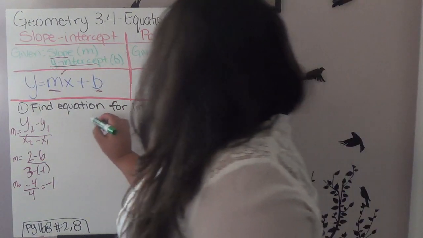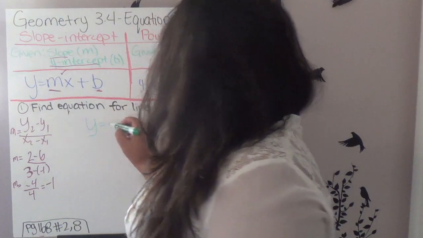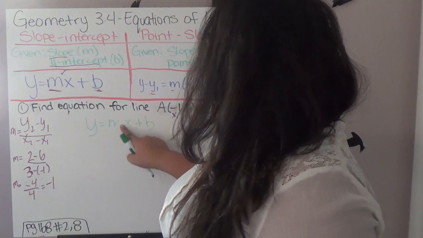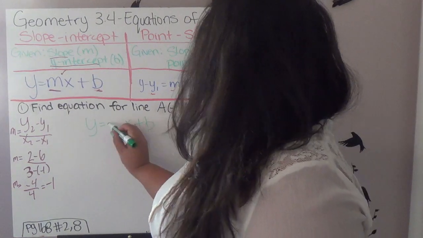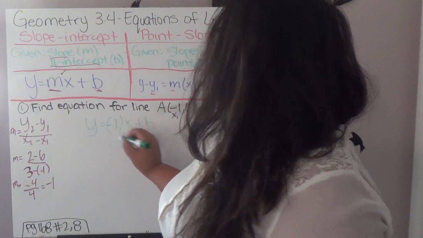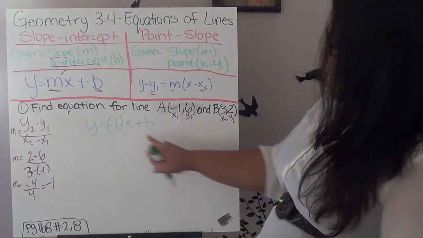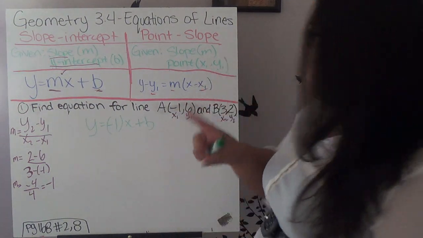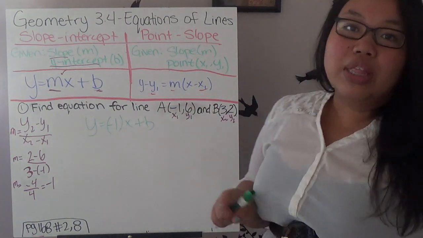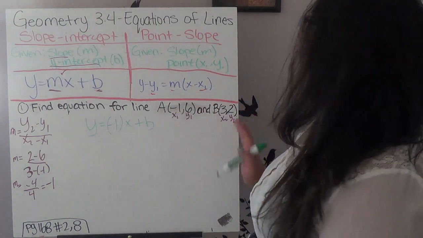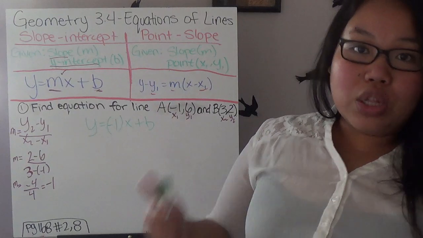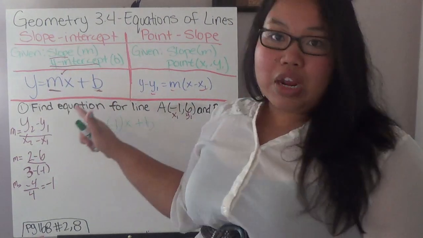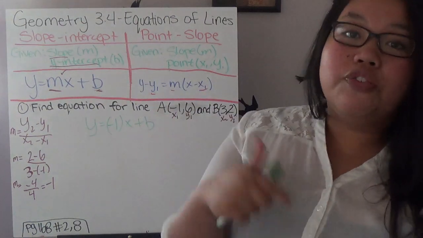If I plug in y equals mx plus b, with my m of -1, I still have how many missing variables? Well, I still have x, y, and b, so I can't solve for any of them. But I do know that these points lie on the line, so they're what you can call a clue. I can use this clue to fill in my x and y. Even though I don't need it in my final problem, I can use it to find my b.